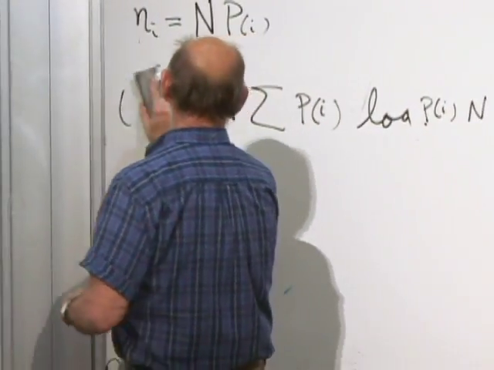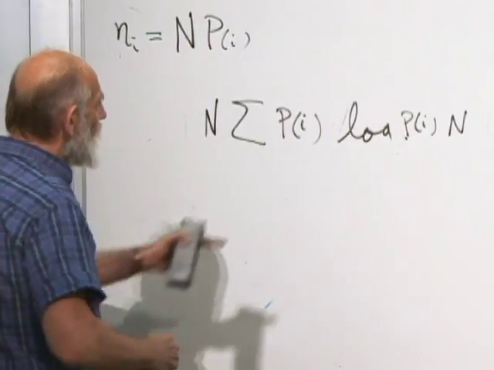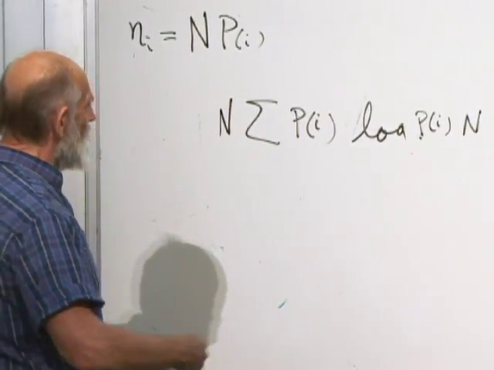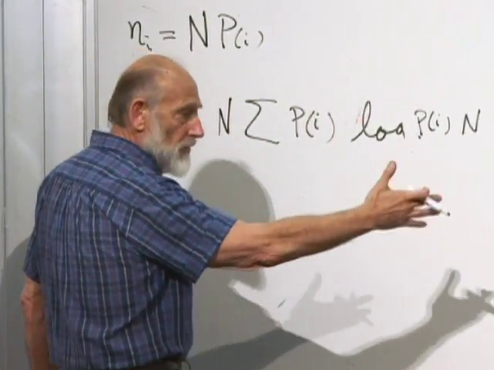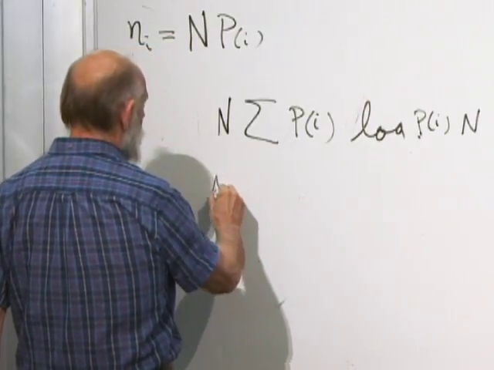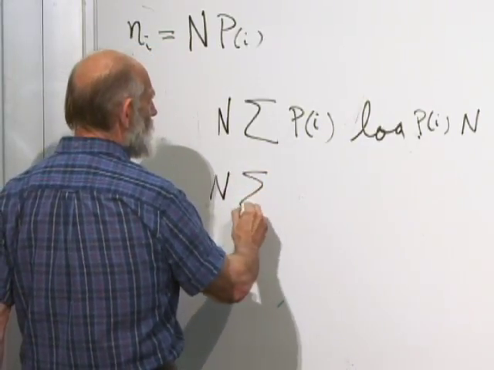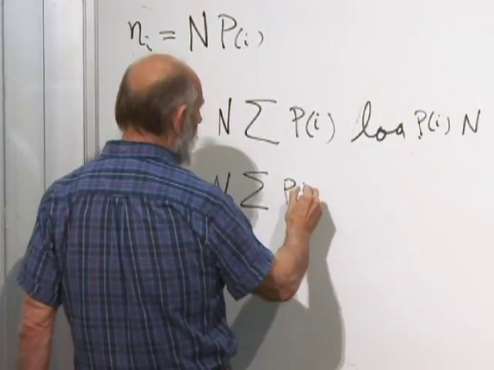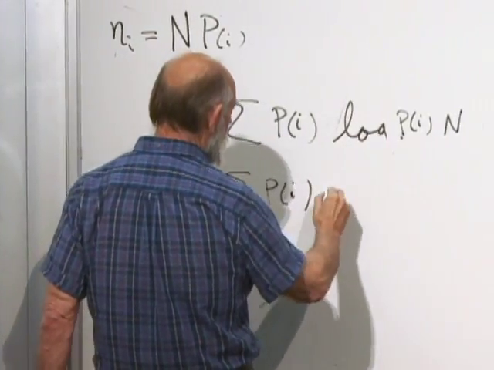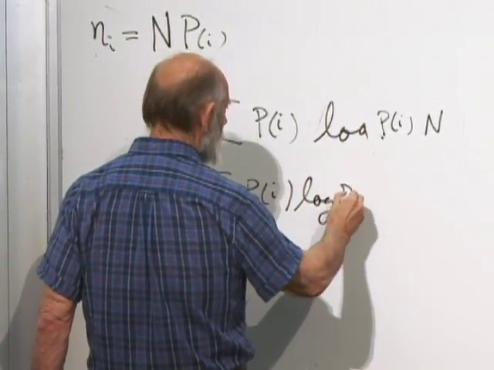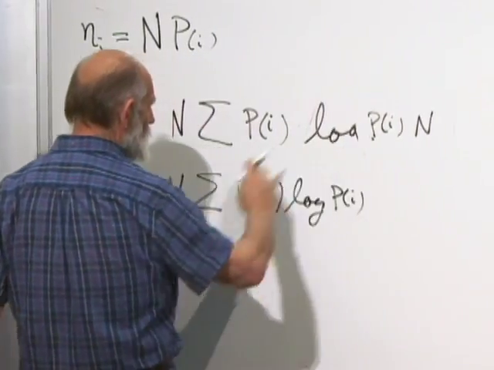Now what about this? Log of p times n is just log of p plus log of n. So this becomes n times summation of p of i log p of i. That's the first term.